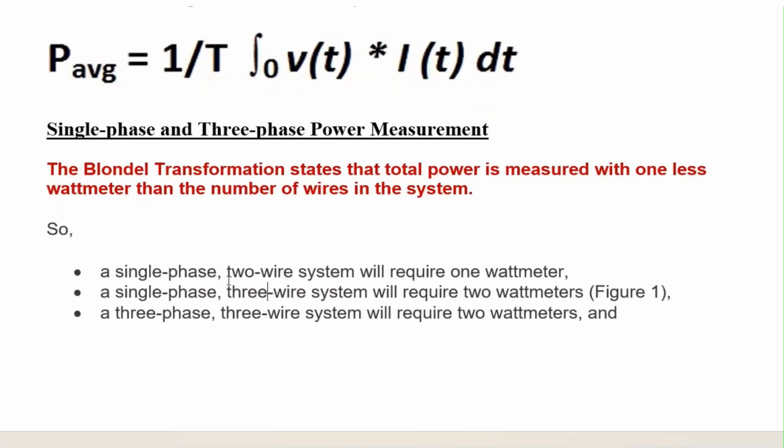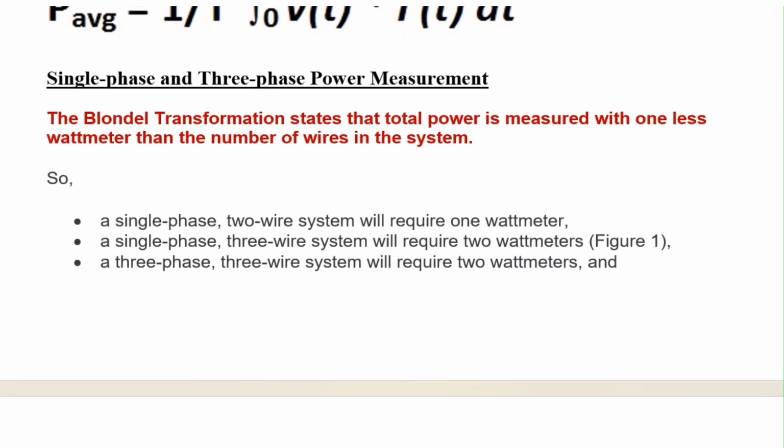Here is an important thing that we must know. The Blondel transformation states that the total power is measured with one less wattmeter than the number of wires in the system. This is very important to understand, the thumb rule employed in the case of power measurement.